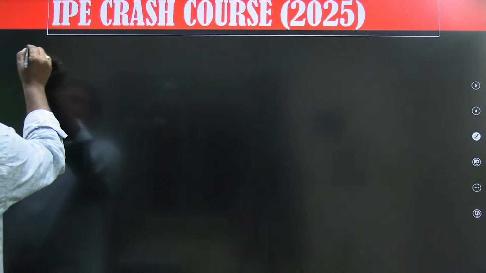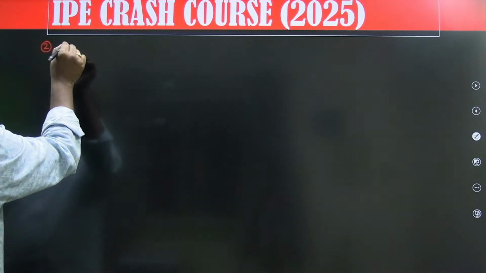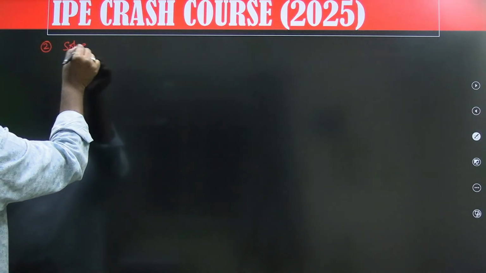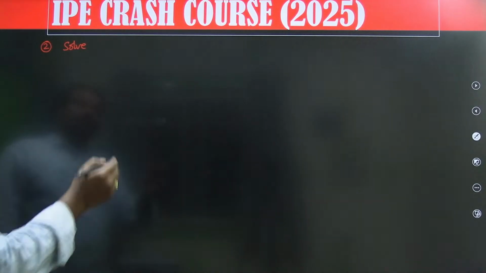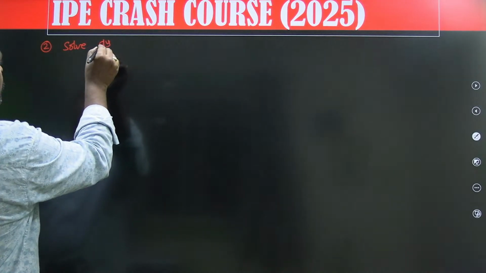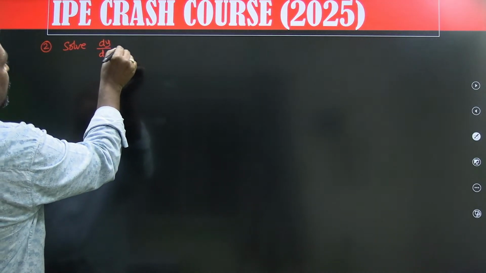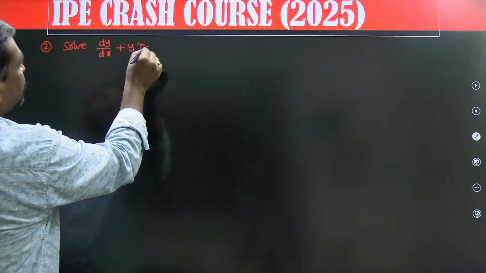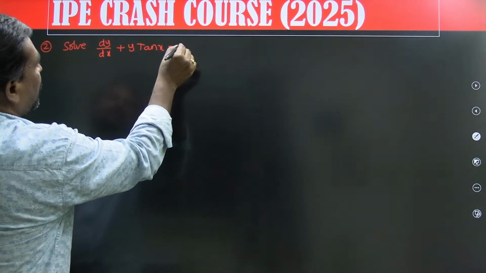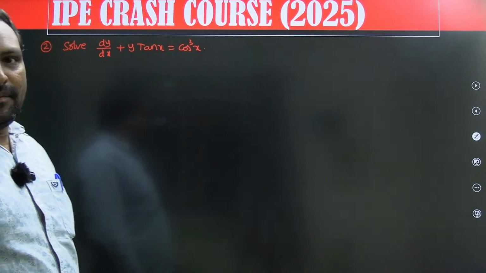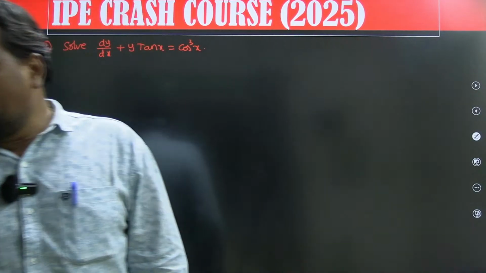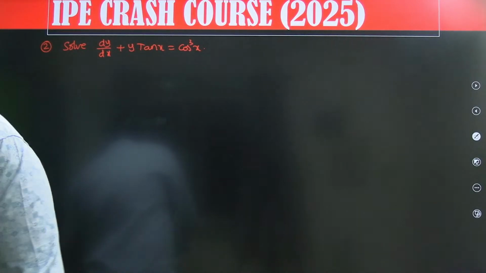Second problem, solve dy by dx plus y tan x is equals to cos cube x. dy by dx plus y tan x is equals to cos cube x.